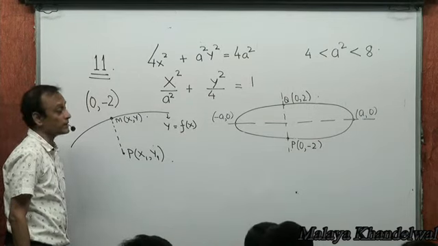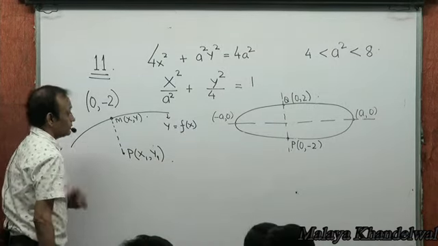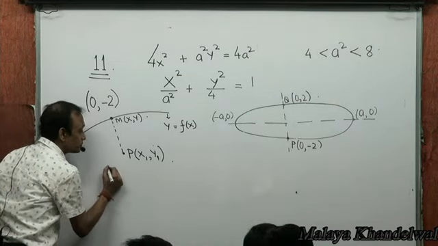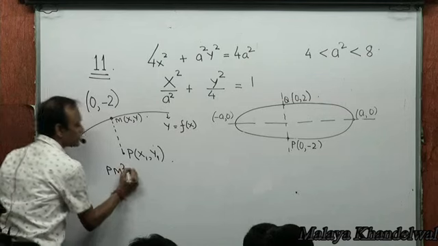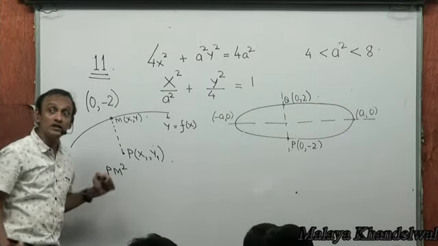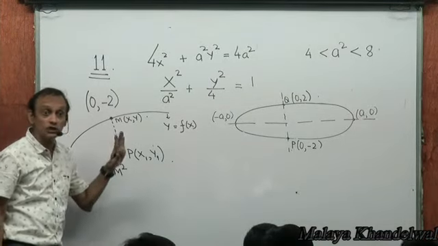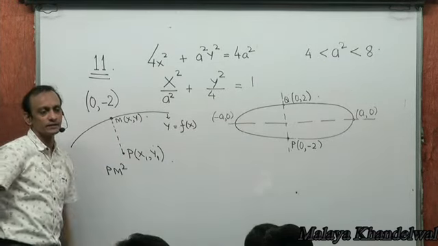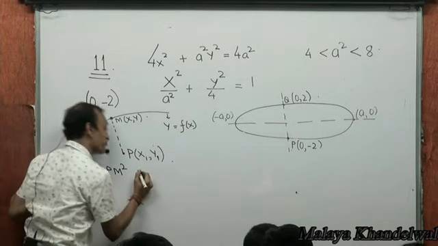So far so good, right? Now, look at PM squared's distance formula. Whatever I say now will come in handy not just for this problem, but for a family of problems, so take this as something very cardinal.